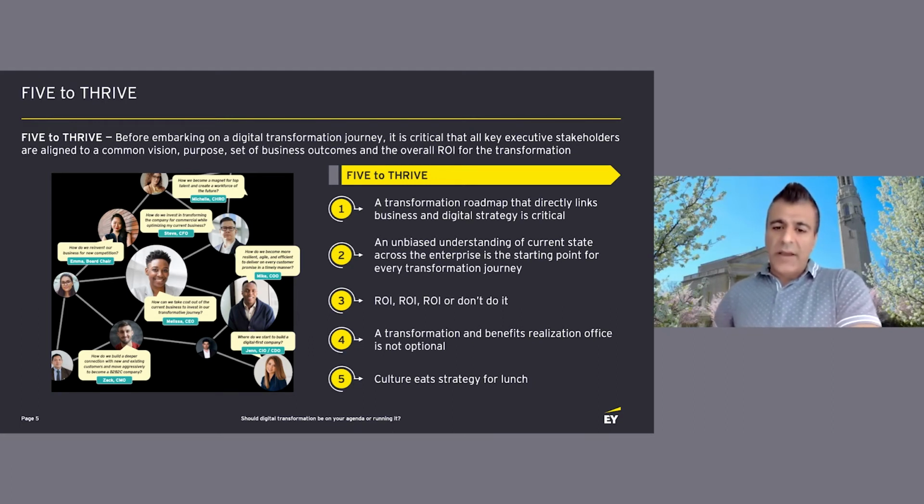It's a must-have. I continue to see companies and clients not invest in a dedicated transformation office, and that is a must-have. And I'll talk about some of the statistics on why transformations fail for those that do not invest in a transformation office.